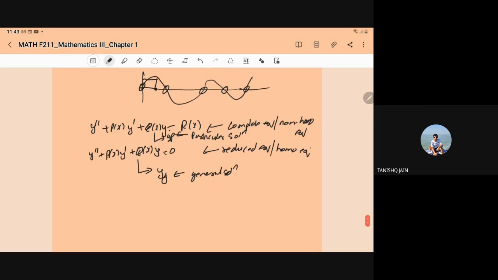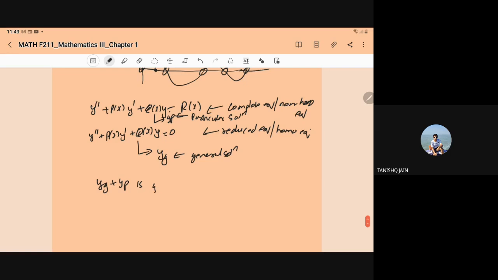Then by this theorem, Yg plus Yp is the general solution of the first one, means of this equation. If Yp is the particular solution of the first one and Yg is the general solution of the second one, then their sum will be the general solution of the first one.